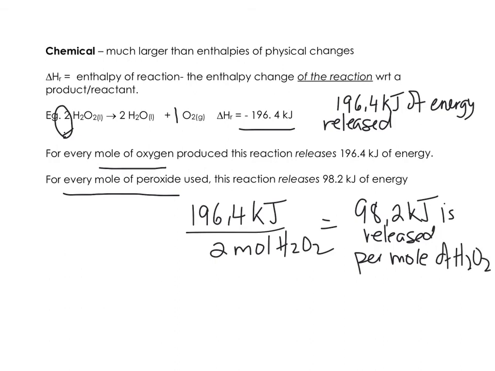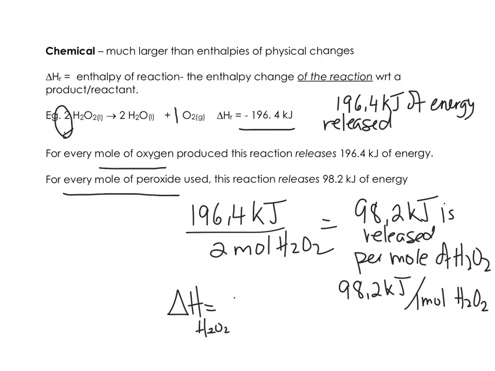So that would look like 98.2 kilojoules per mole, per 1 mole of H2O2. And because it's released, we would say delta H for hydrogen peroxide is negative 98.2 kilojoules per mole.